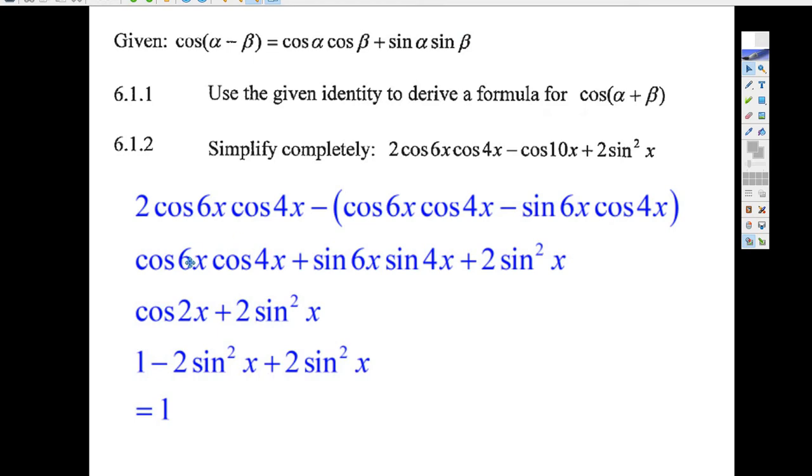We just subtract 6x minus 4x, so it's just cos 2x. And hold on, cos 2x, there's one of the three choices we have, 1 minus 2 sine squared x, that'll cancel with this 2 sine squared x, and we'll just be left with 1. And that's really good, or I think it's pretty good.